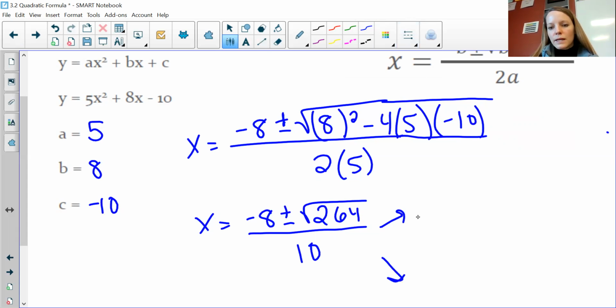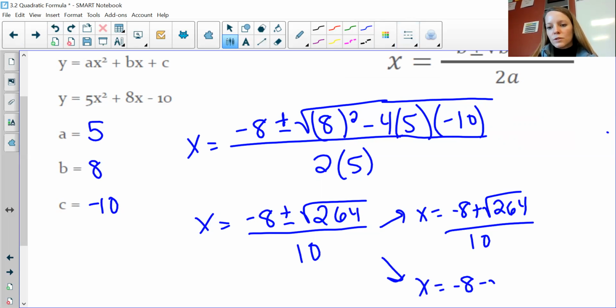So x equals negative 8 plus the square root of 264 divided by 10. And x equals negative 8 minus the square root of 264 over 10. And I'll plug those into my calculator.